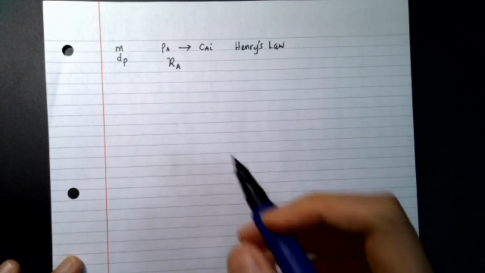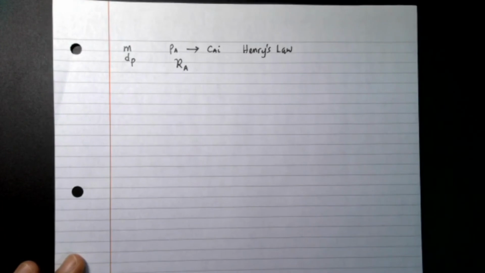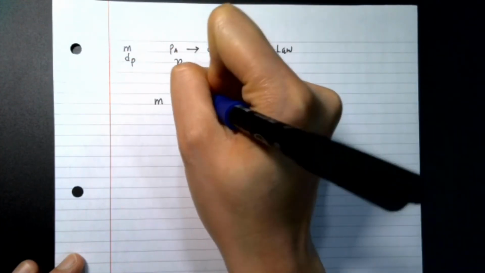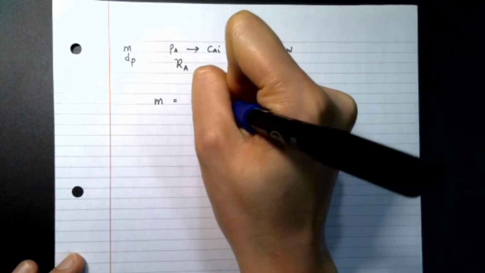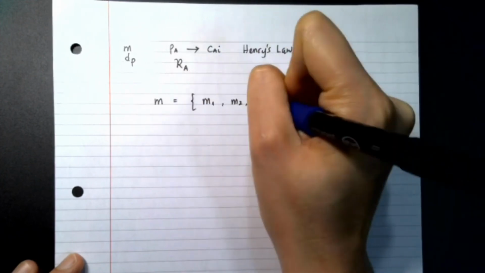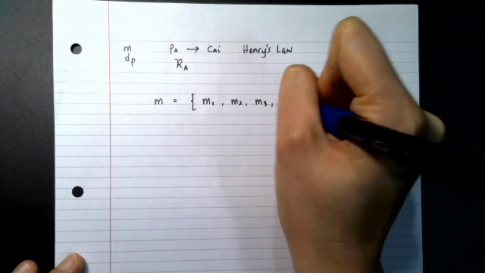And we can also measure the rate of the overall reaction, capital RA. So we just measure the change in concentration of the reactant over some period of time. So say in your experiment, you performed it at different catalyst loading, say at M1, M2, M3, and so on.